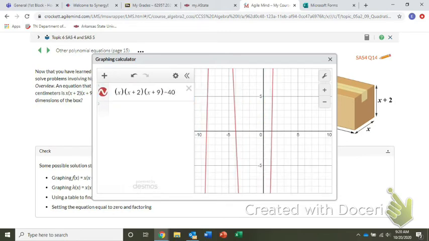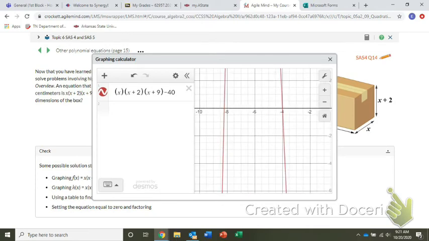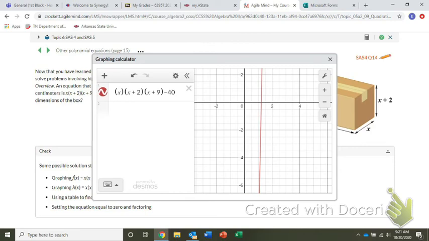Now, if we zoom in, here's a 0, and it's about negative 8.2. Now, where does this one hit? This hits exactly at x equals negative 4. This one hits at about 1.2. Okay?